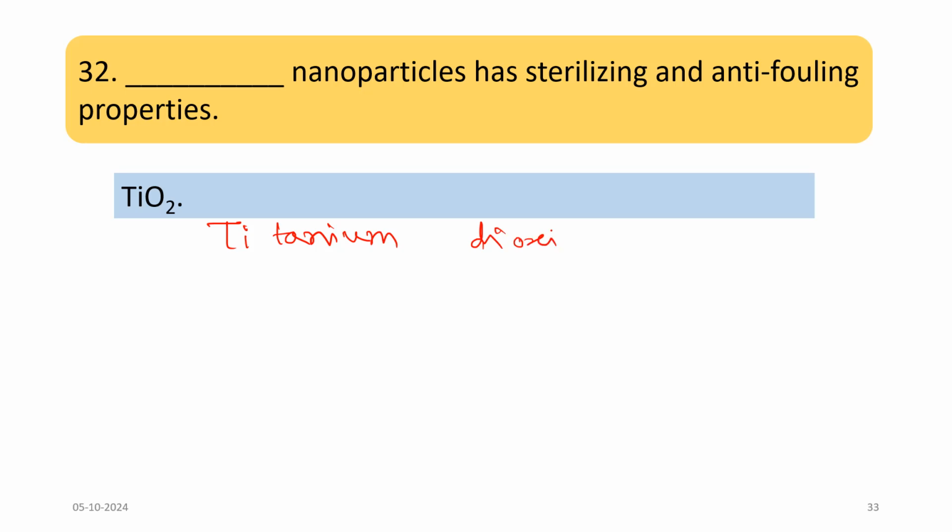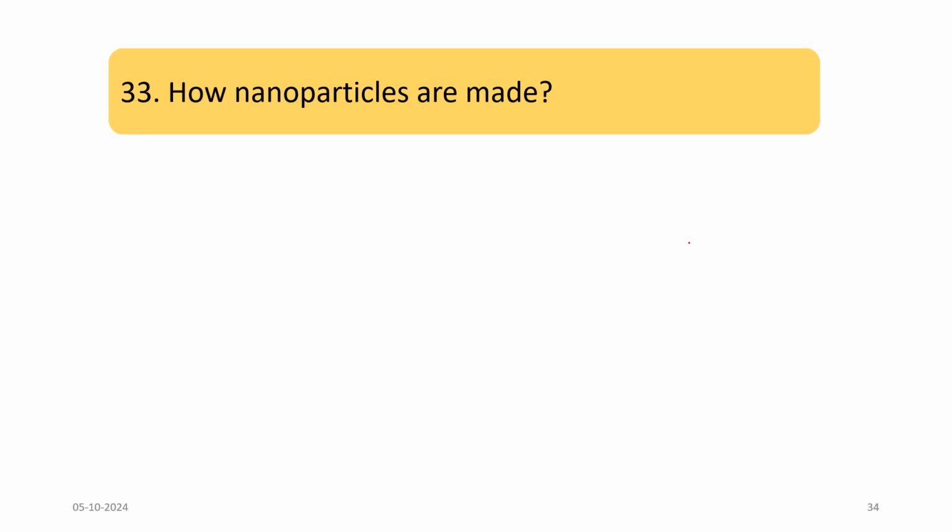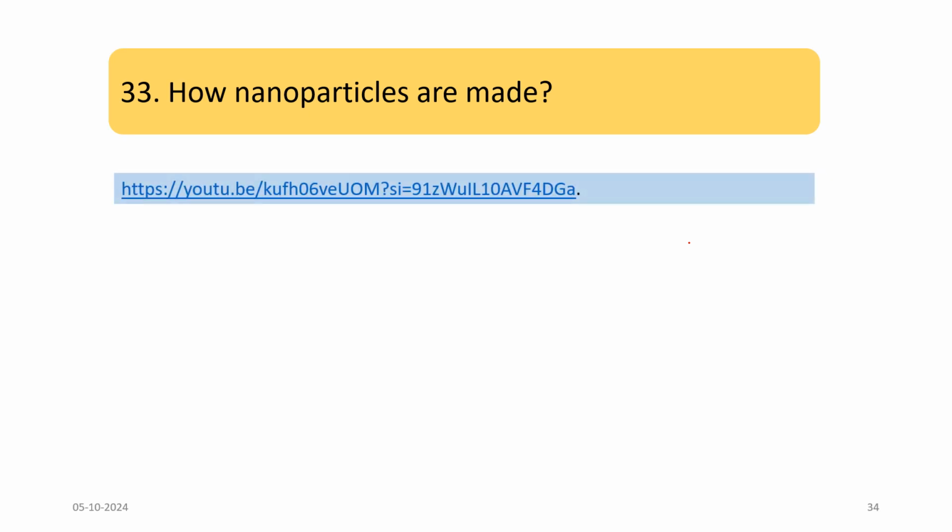It depends on the material being generated. It is also called the wet production method. The methods are called the Turkevich method, citrate reduction method, gas phase synthesis, block copolymer synthesis, and microbial synthesis. Okay. So we'll see here how the nanoparticles are synthesized.